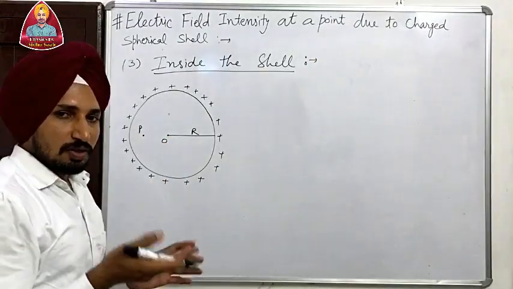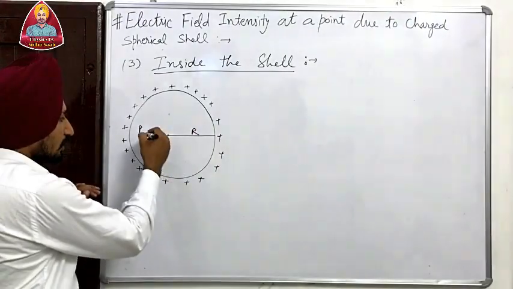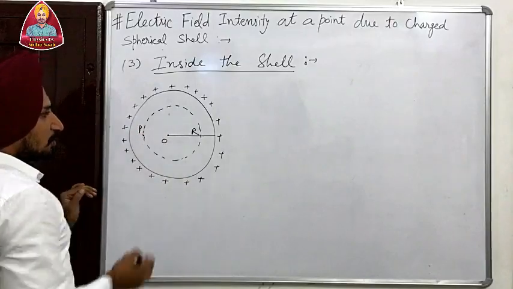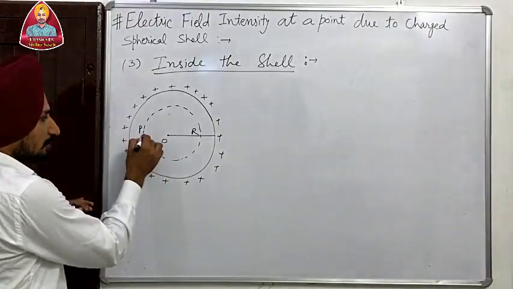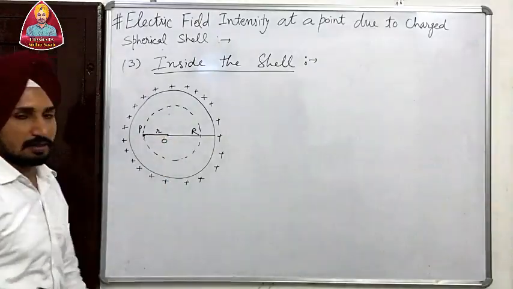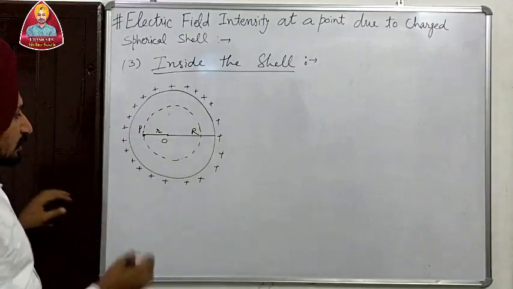So we will draw a Gaussian surface passing through the point P. This is our Gaussian surface passing through point P. Let the radius of the Gaussian surface be small r. Clear?